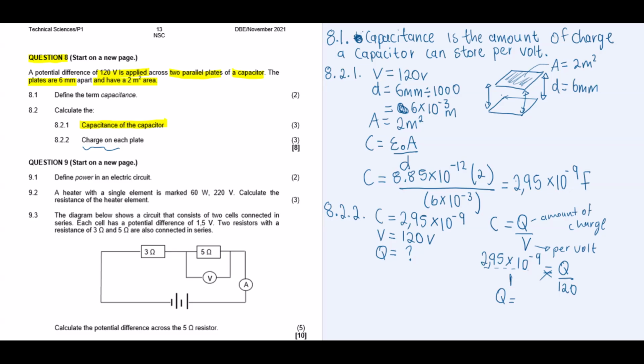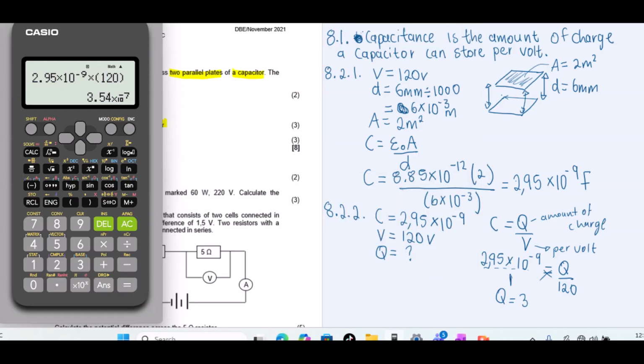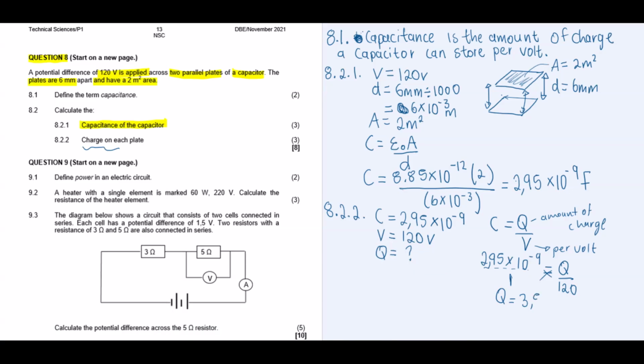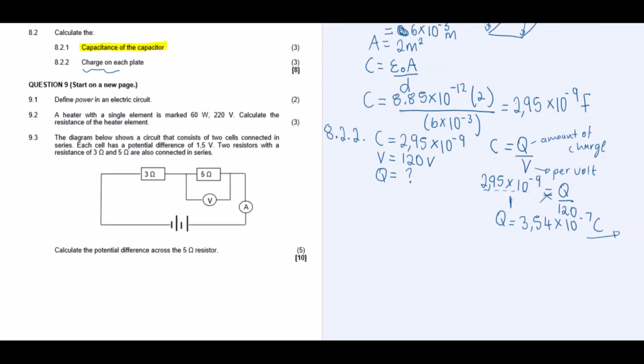When we cross multiply, remember we are going to get Q times 1 is Q, and then that times that is going to give us the answer. So that's the answer that we got on the calculator there. It's 3,54 times 10 to the power of -7 coulombs. That's the amount of the charge on each plate, right?